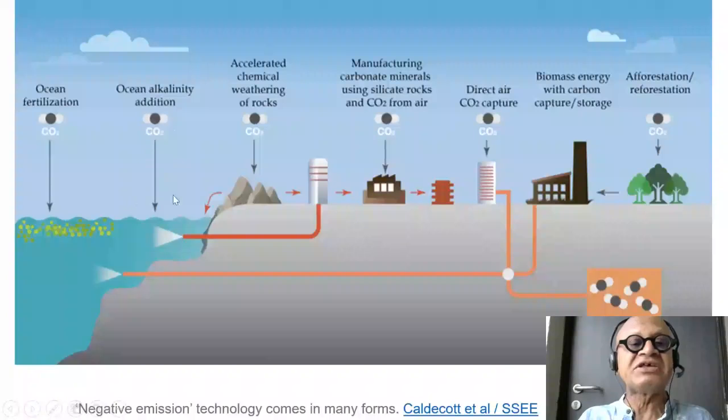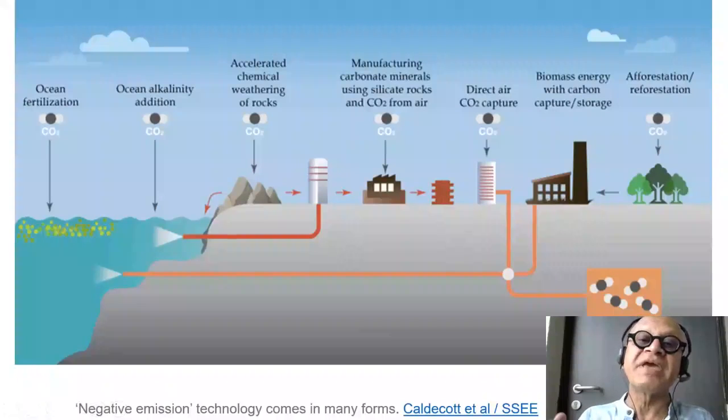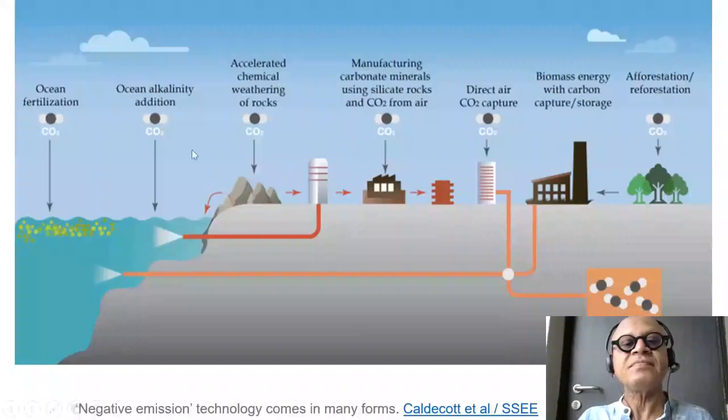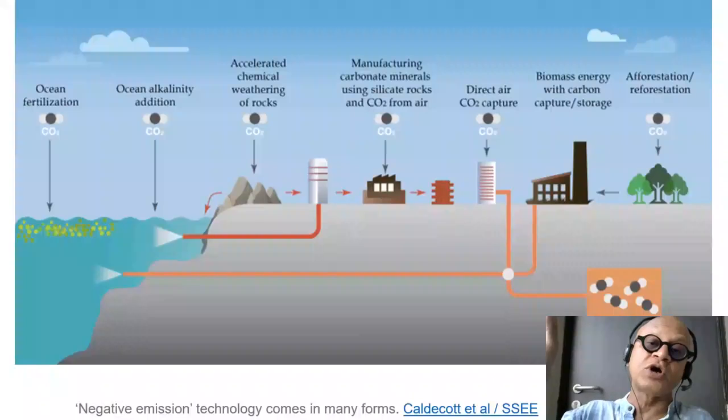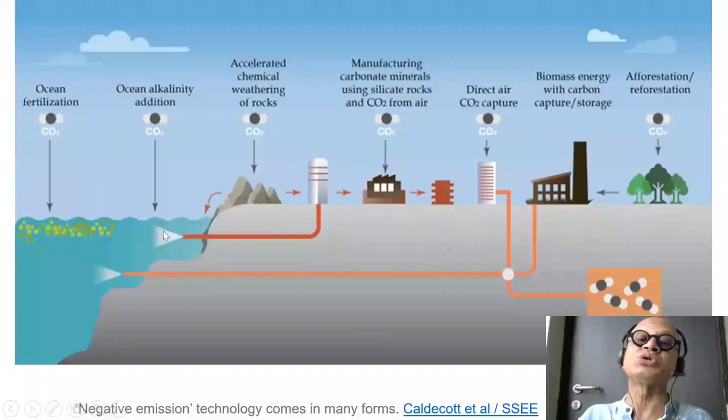Ocean alkalinity addition: you can tinker with the ocean's acidity, alkalinity related, to make it take up more CO2, make it a more efficient sink. Accelerated chemical weathering, on geologic time scales: rainfall dissolves CO2, produces H2CO3, and washes out calcium carbonate and silicate from the rocks and soils and puts it into the ocean, gets sequestered for a long time.